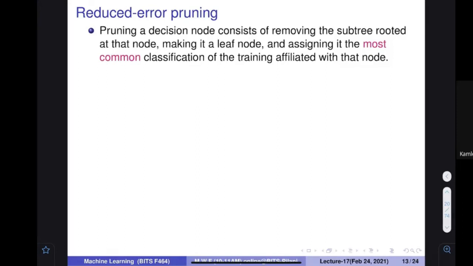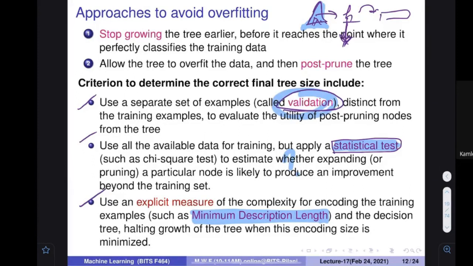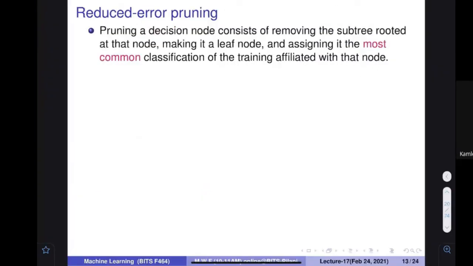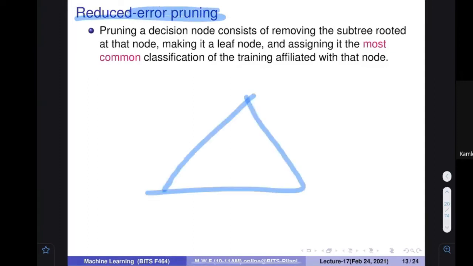So for example, if you want to focus on this particular part, it is something called reduced error pruning. When you have a tree and you remove a particular part, how come you can cut it?